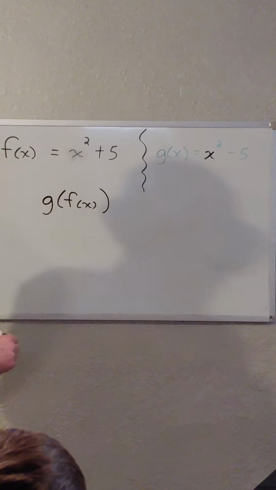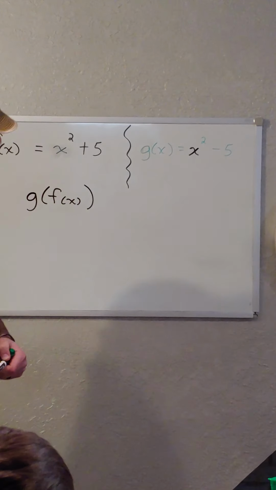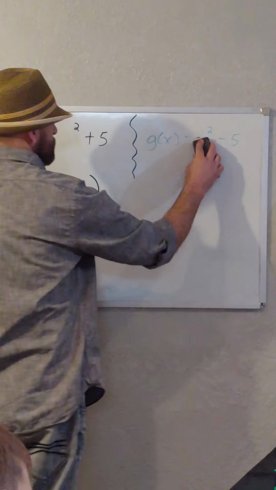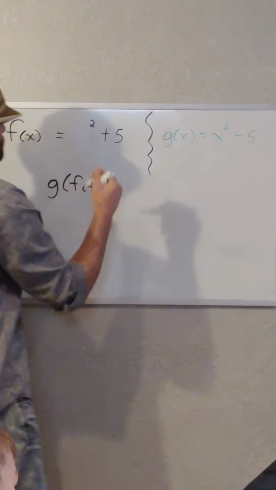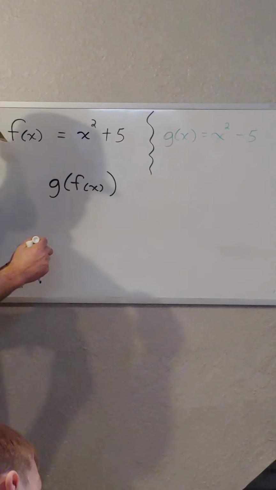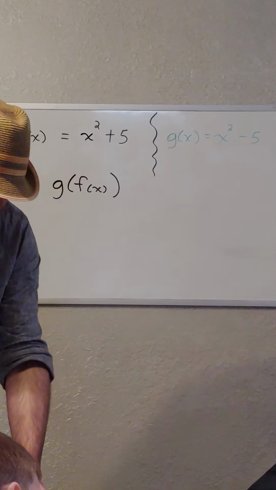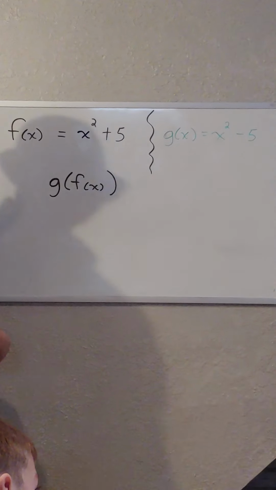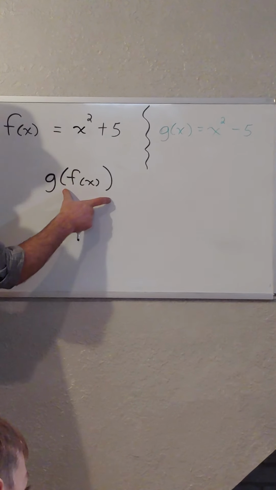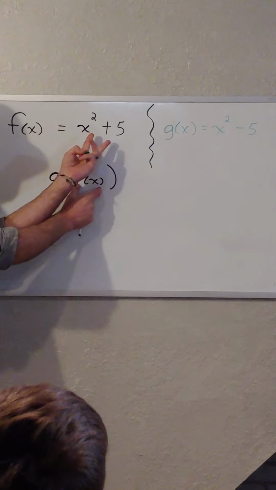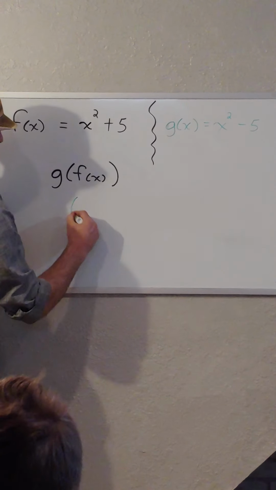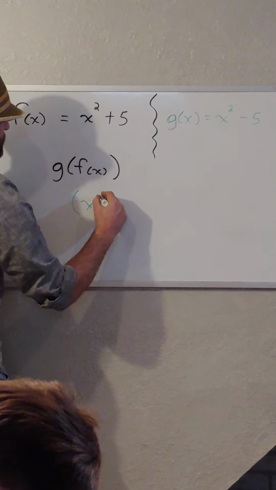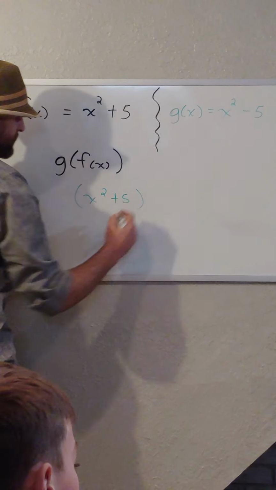Okay, so we have g of f of x. Our f of x right here is equal to this. So what that means is I can take that f of x and erase it and put this in its place.